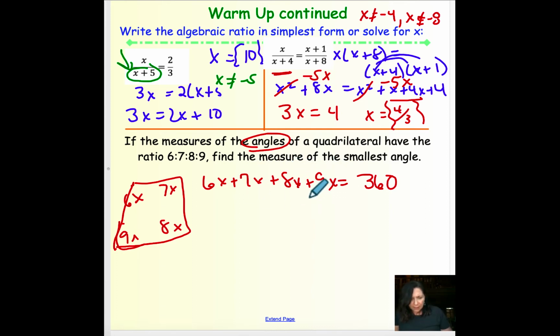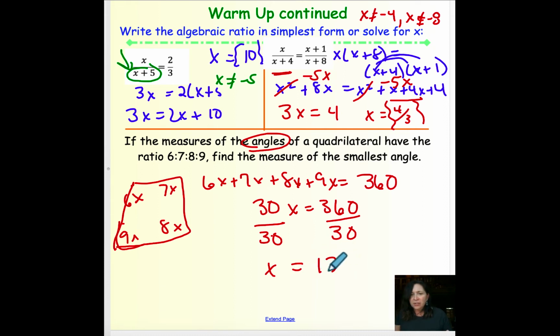So all you have to do is add 6 plus 7 plus 8 plus 9. I got 30x is equal to 360. Dividing both sides by 30, 3 divides into 36 12 times. So x is equal to 12.